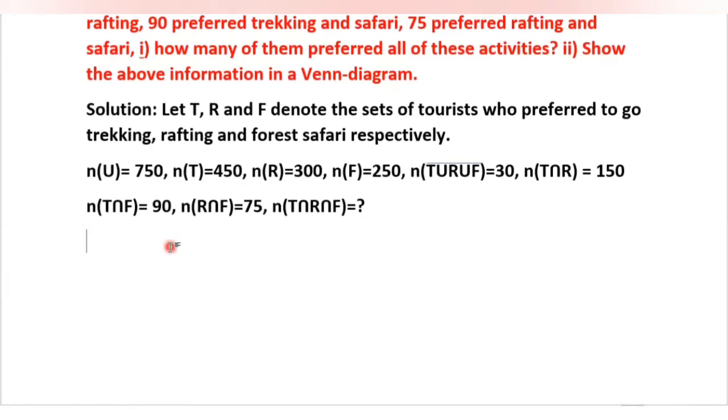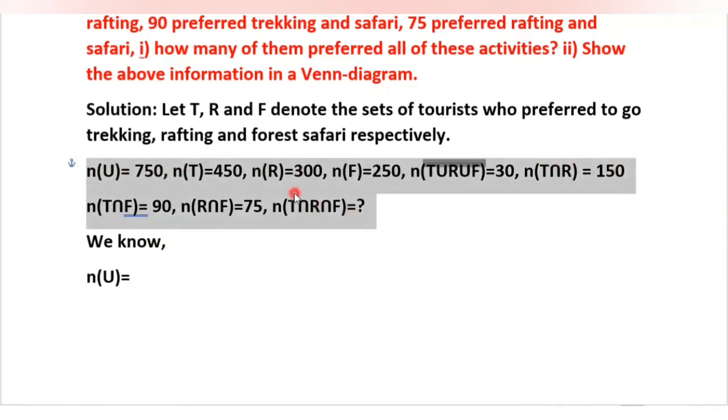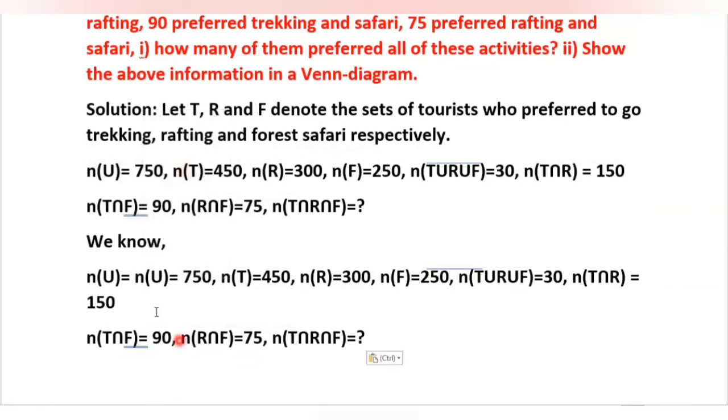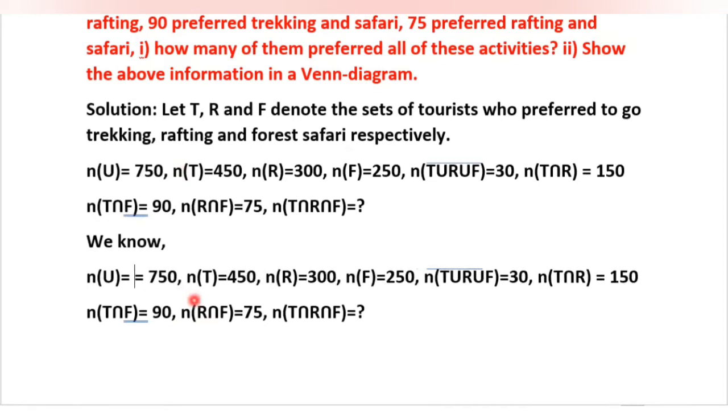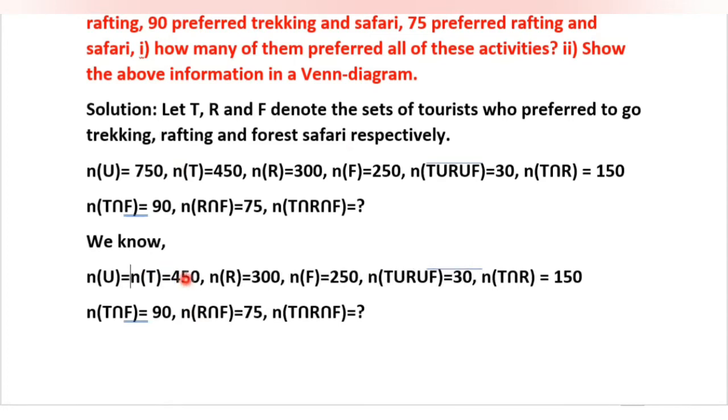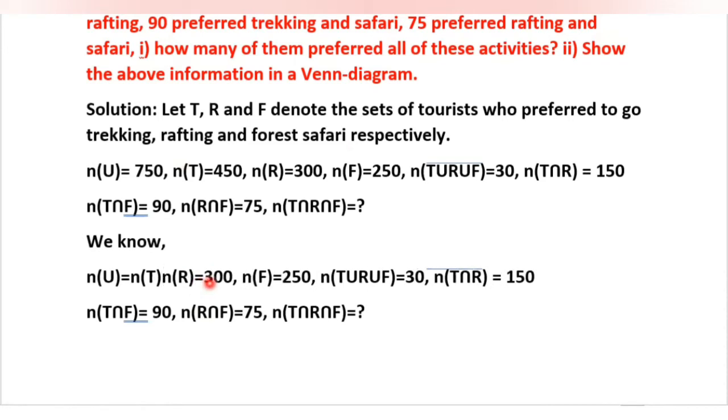We will use the formula n(U) equals n(T) plus n(R) plus n(F) minus the pairwise intersections plus the triple intersection plus the complement. I am copying it and adjusting it to write the formula easily.